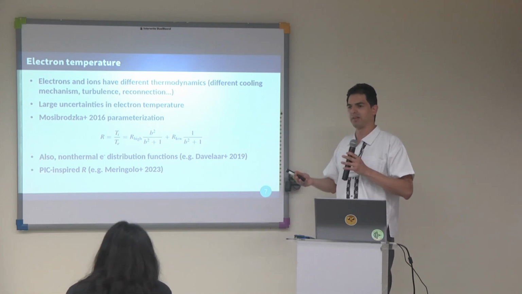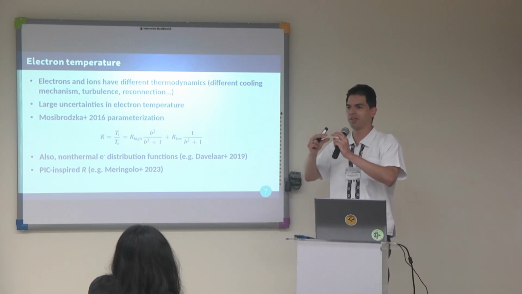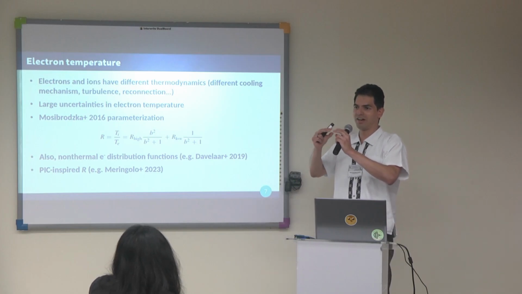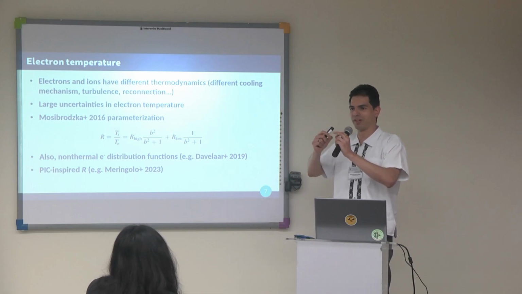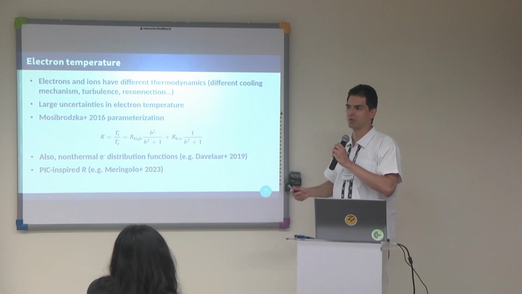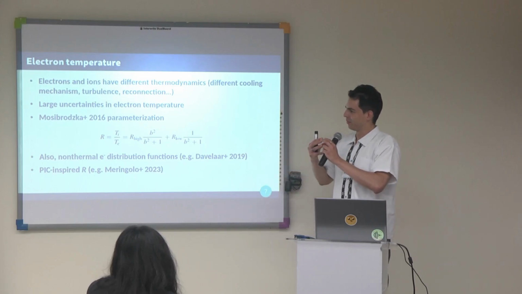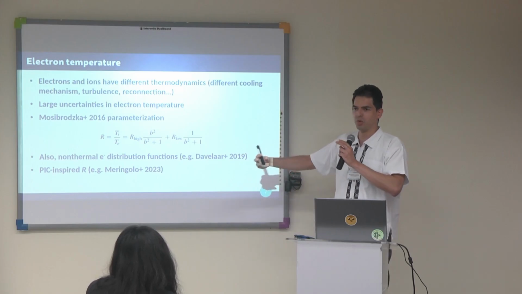So these are kinetic simulations. People take a small patch of the accretion disk and simulate directly the motion of ions and electrons subject to a magnetic field. And after some time, they calculate what is the ratio between the electron and ion temperature, or also optionally what is the actual distribution of electrons.